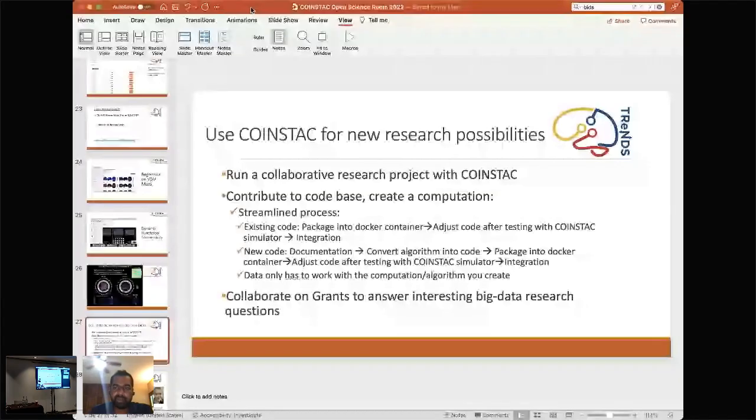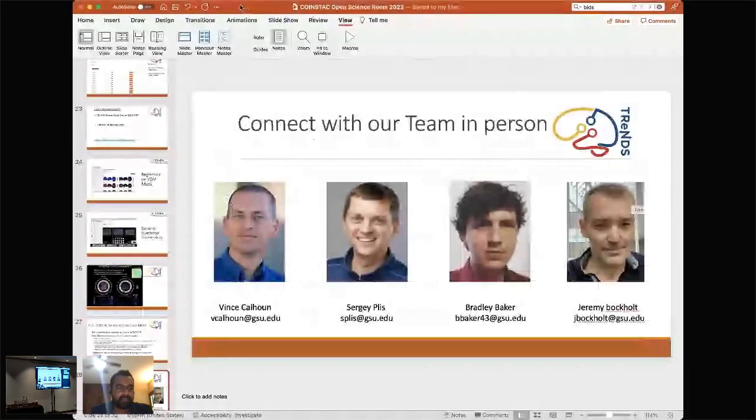We have our team members attending in person at OHBM, so I'm sure they would love to interact with you if you have more questions in person, or about future developments, or things pertaining specifically to your project and how you could use COINSTAC for that. Please feel free to interact with them.